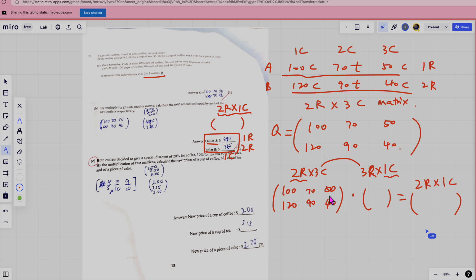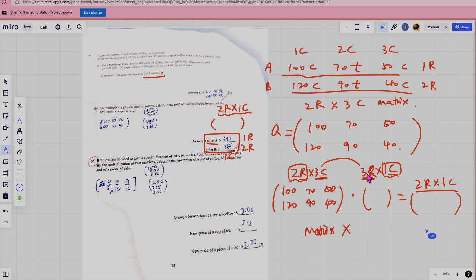For matrix multiplication, once again, the 3 columns must be the same as the 3 rows. Then the multiplication is valid. Then you are left with the 2 rows and 1 column, which is what the question wants.